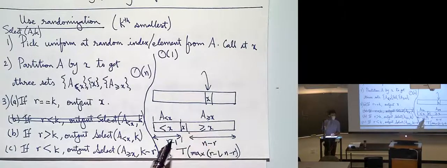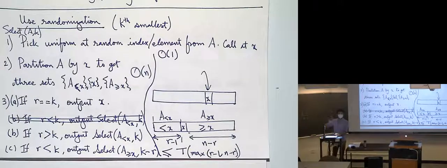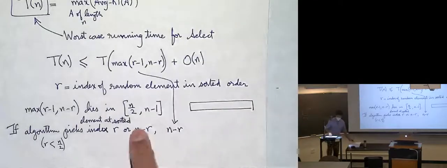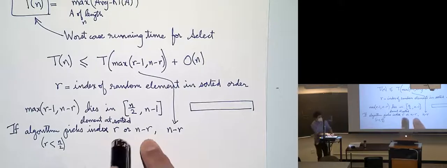And there's exactly one way in which the part to the right could be of size R minus 1, which is if it picked the rth largest. In both of those cases, it's n minus R, assuming R is less than n over 2. So we sort of know the distribution. Now, what is the probability of picking these choices?